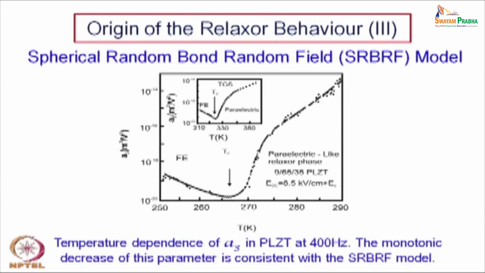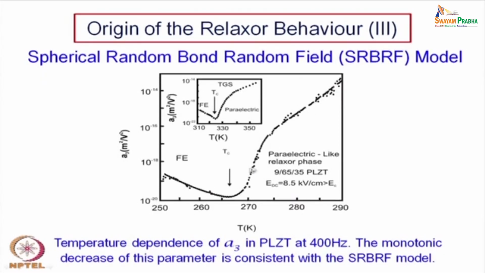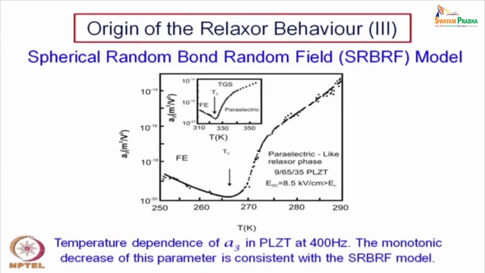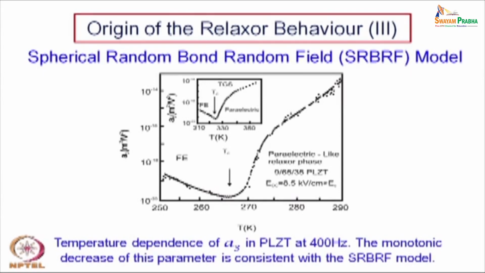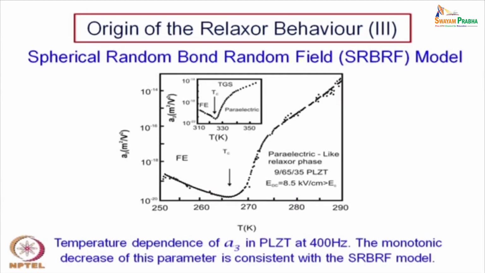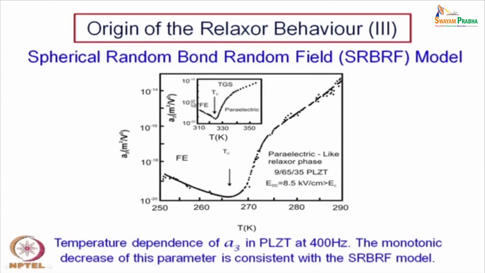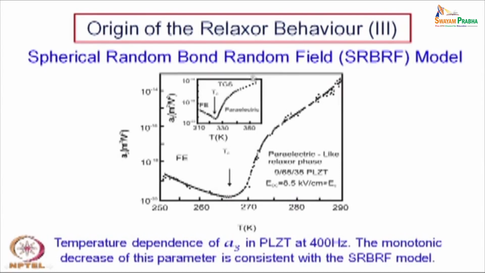So, this kind of monotonic change is an indication of the relaxor ferroelectrics, and also it provides a clue that the actual nano size domains are present in these ferroelectrics or compounds.